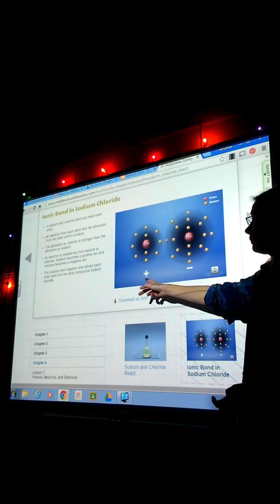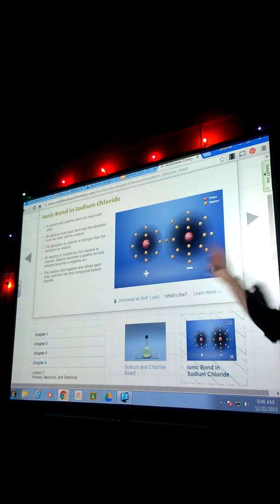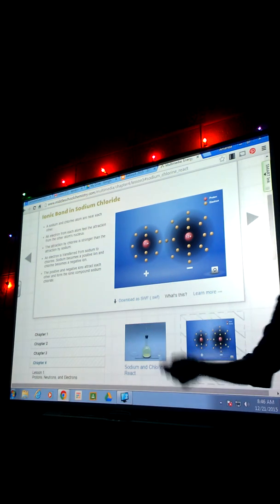Ion means that the atom has a charge to it now. It's no longer neutral. It's going to be either positively charged or negatively charged. So the sodium turned into a positive ion, and the chlorine turned into a negative ion. These ions attract each other, and we get the compound sodium chloride. So far, so good? Okay, let's stop that.